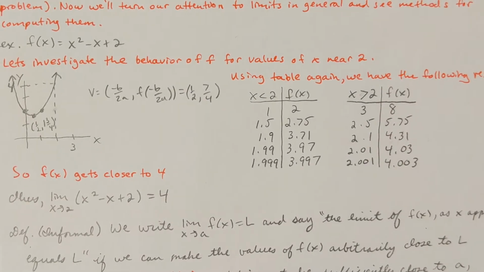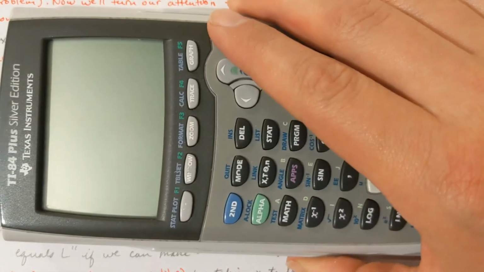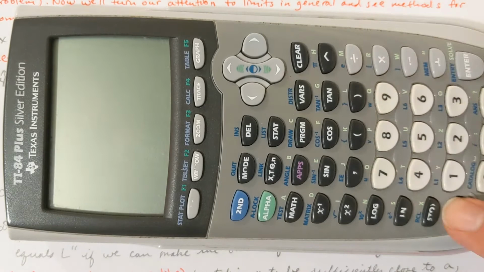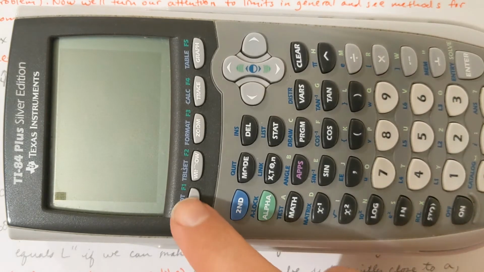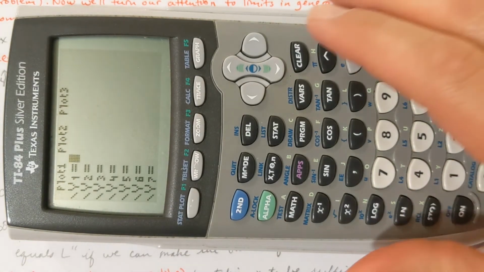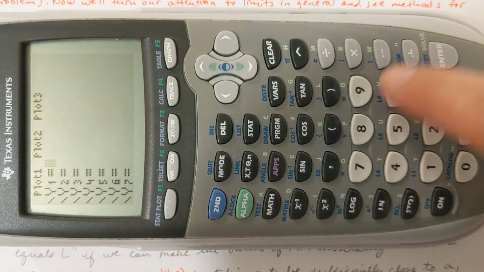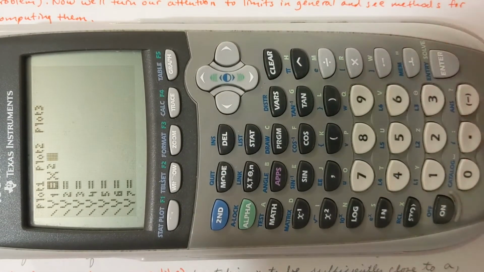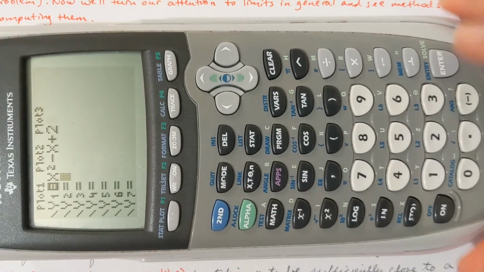Now, to show you how I can get these fairly quickly using the calculator, this is an 84 model. It's going to be very similar on an 89 model, but this is a handy thing to know and use. If you type whatever function you have into y1, so for us, I'm going to let y1 be x squared minus x plus 2, and then hit enter.